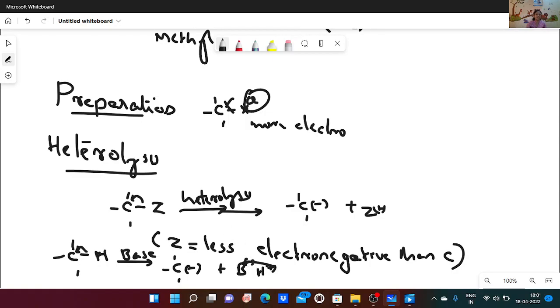You can simply write BH, or you can have a specific example like RH. So for heterolysis you can write: in the presence of a base, RH gives R minus plus BH. This is the method for preparation. Simple method, heterolysis, you can remember easily.